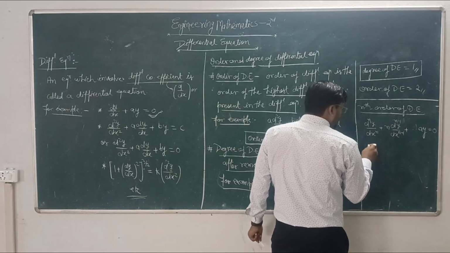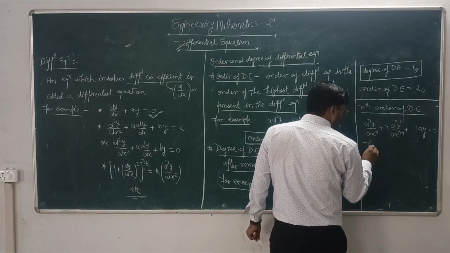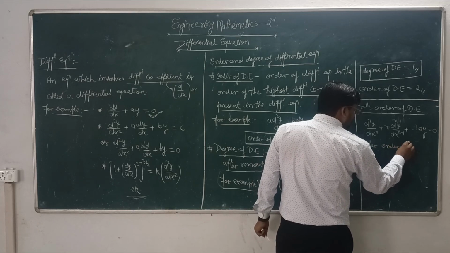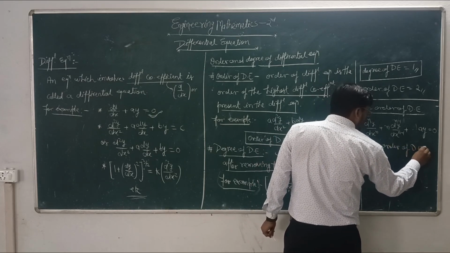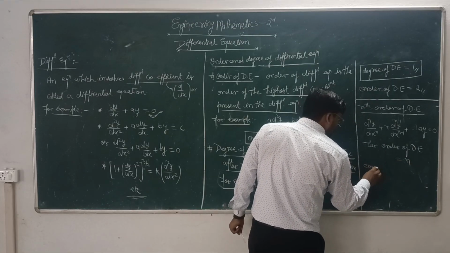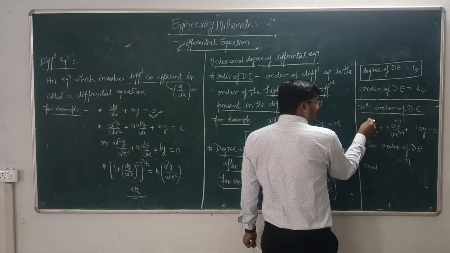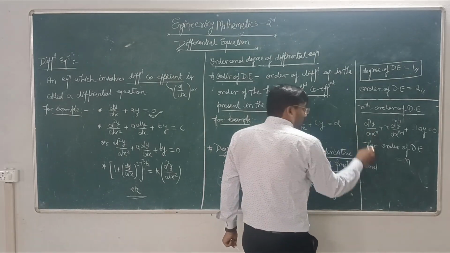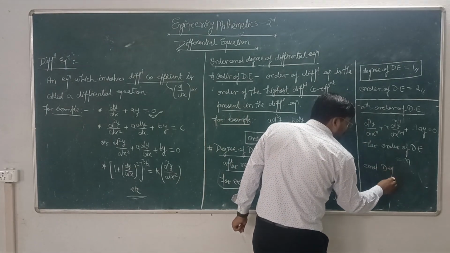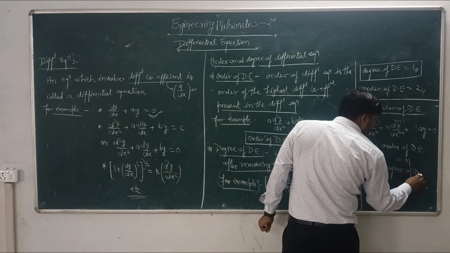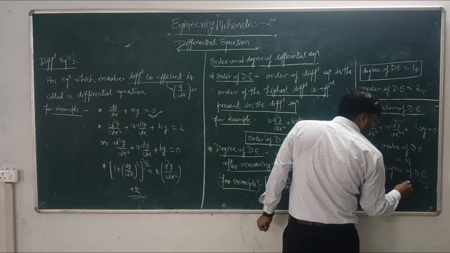Then the order of the differential equation is equal to n, as this is the highest derivative of the differential equation, and the degree of the differential equation is equal to 1.